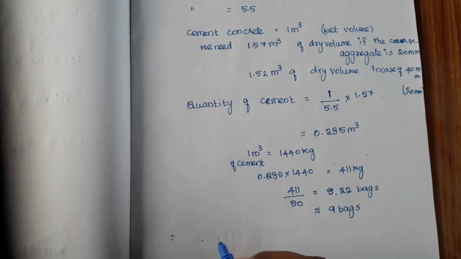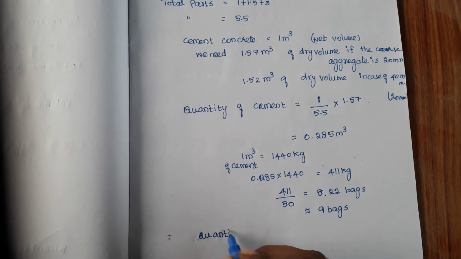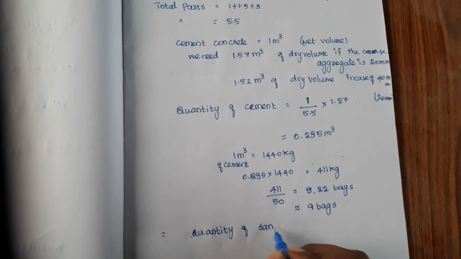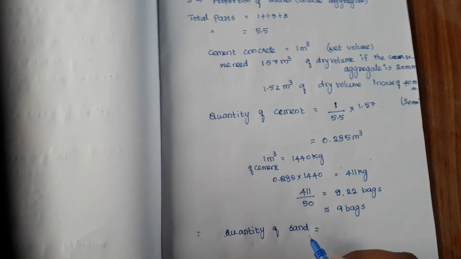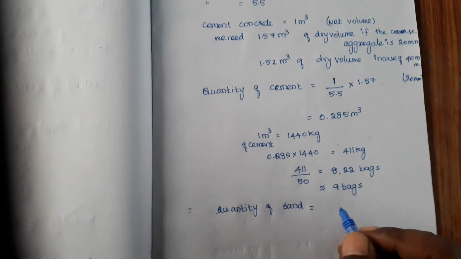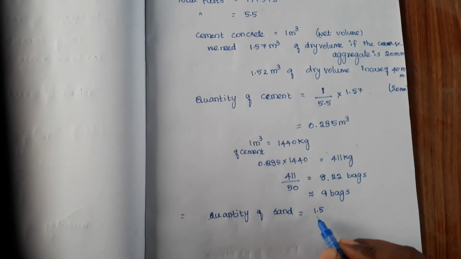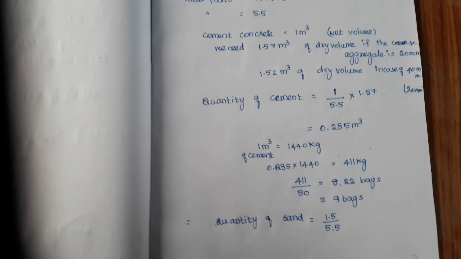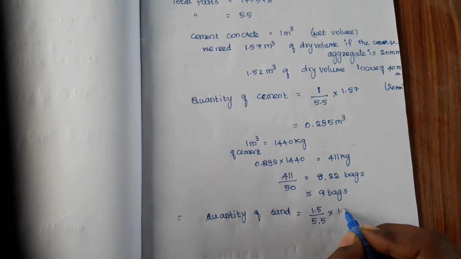Now we need to calculate the second part, quantity of fine aggregate. Here I am using sand as the fine aggregate. The proportion of sand will be 1.5 divided by 5.5 into 1.57.